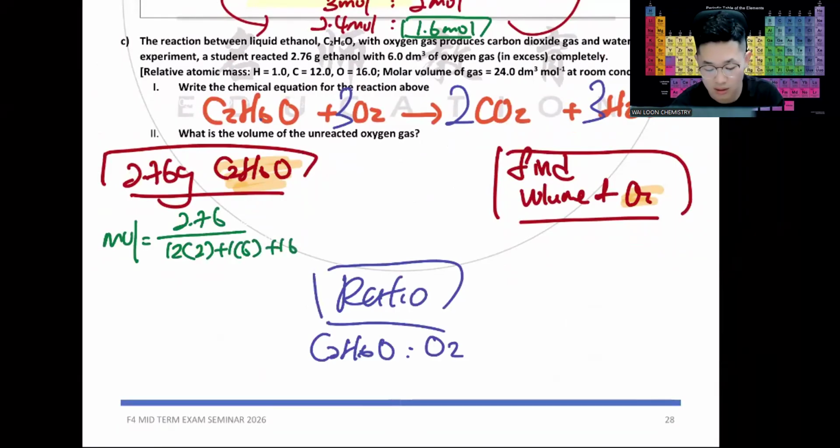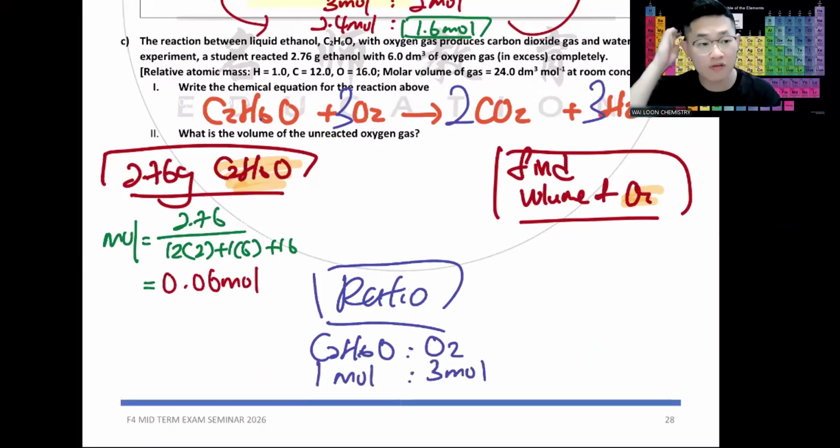C2H6O. We get 0.06 mole. The ratio, bring it down, 1 to 3. 1 mole is to 3 mole.